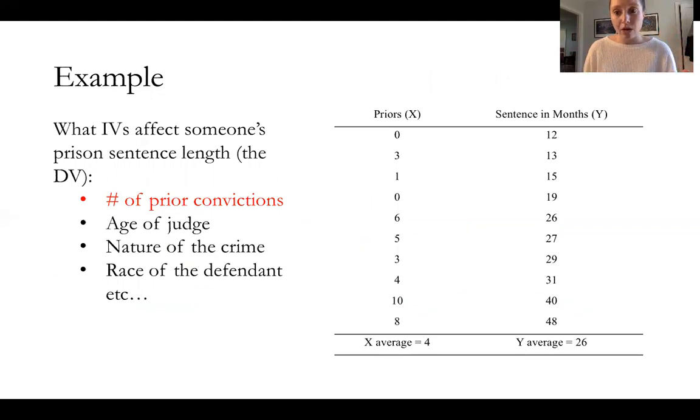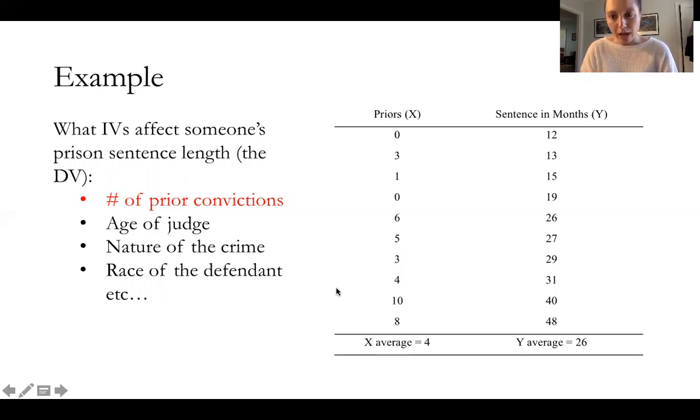There are many variables that could predict this. It could have to do with your number of prior convictions, the age of the judge, the nature of the crime, the race of the defendant. But let's pretend that we're interested in our independent variable being someone's number of prior convictions.